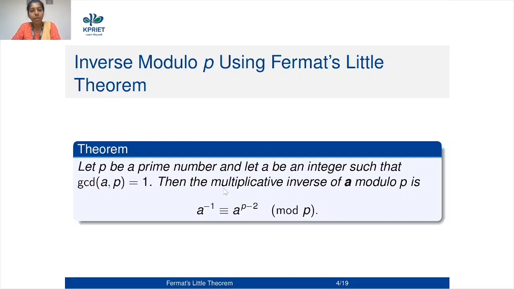Then the multiplicative inverse of a modulo p, a inverse, is congruent to a power p minus 2 mod p. So in this video, we are going to use these two theorems to find the remainder, as well as solve another problem to find the inverse of a number a modulo p.